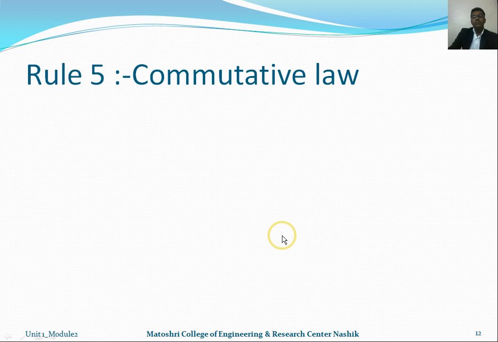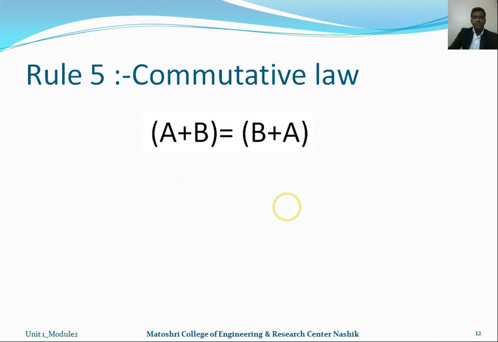Now the fifth rule is nothing but the commutative law. This commutative law is also important, and it's a very simple law. If A is ORing with B, then you can write it equals B ORing with A. Similarly, A ANDed with B equals B ANDed with A. So the locations within the bracket are changed.